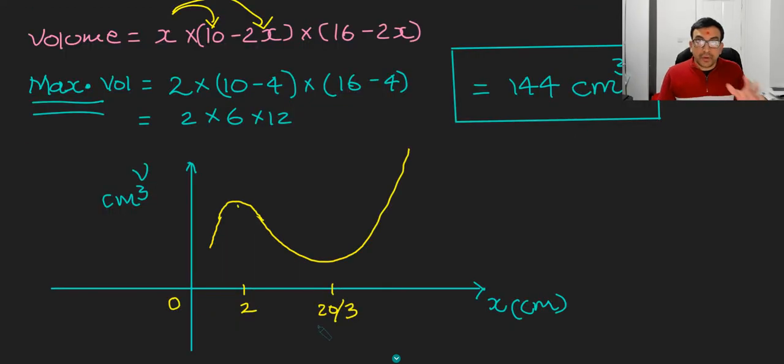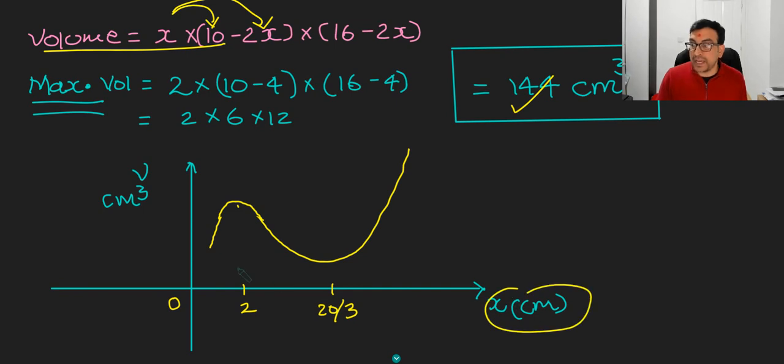All right, guys, so if you are wondering why the volume is maximum at 2, then imagine, I've gone back to try to draw this graph, but I've just done a sketch over here. It's not drawn to scale. So here we have the graph of the volume with respect to the length x. It happens to be a curve similar to this, where you can see that the turning points happen at these 2 points, but the way the graph is designed, you have the maximum as the value which is on the left here.